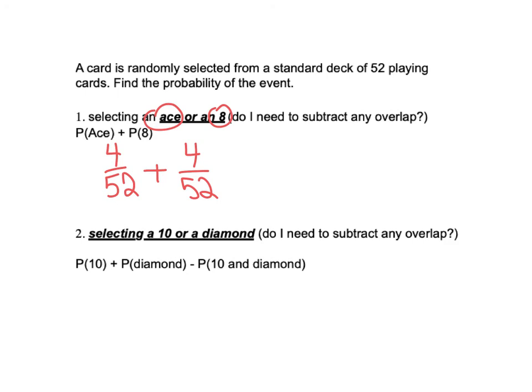There's only 4 aces and 4 8s, none of them overlap. So we're just going to add our probabilities together, and we would have 8 out of 52. We could leave it as a fraction, or change it to a percent, which is about 15.4% chance that if you selected a card, it would be either an ace or an 8.